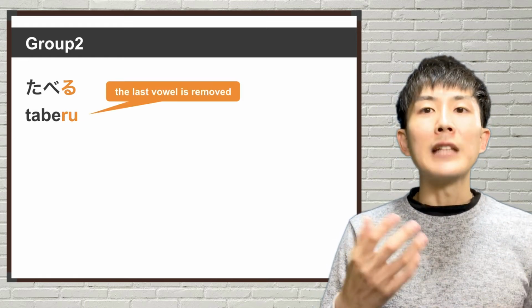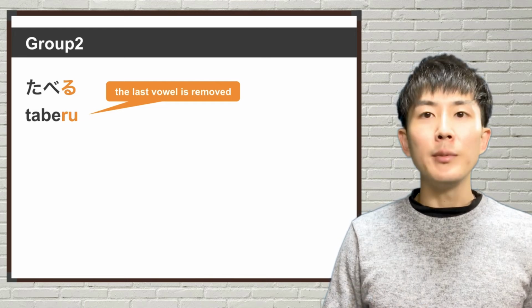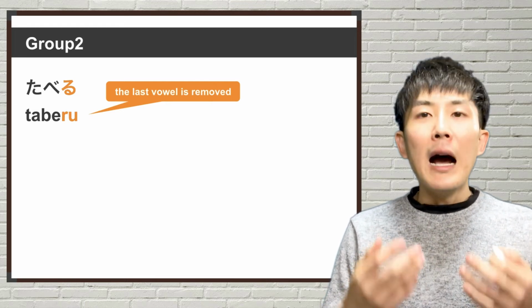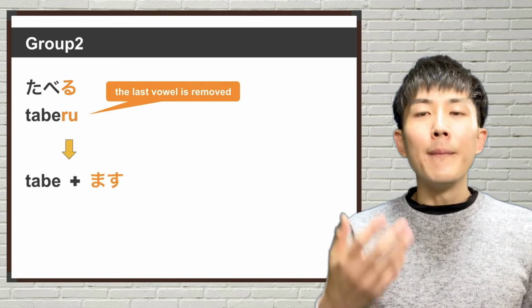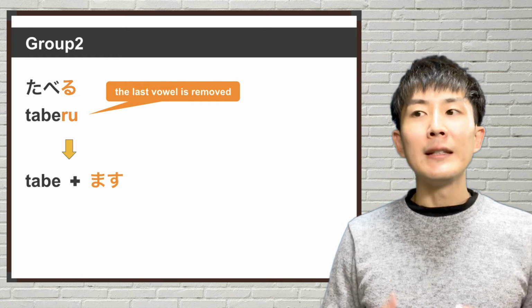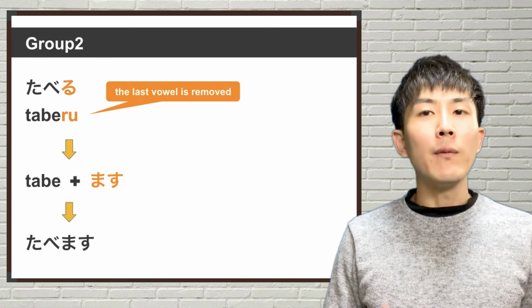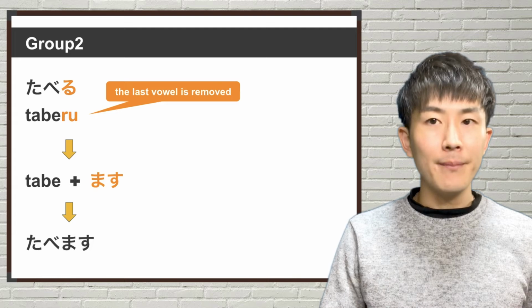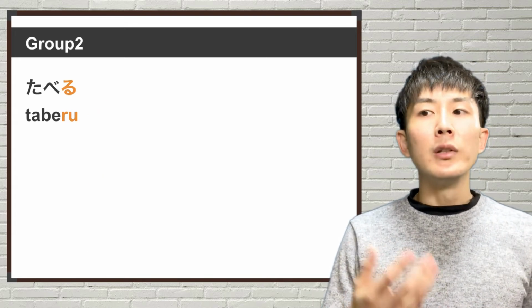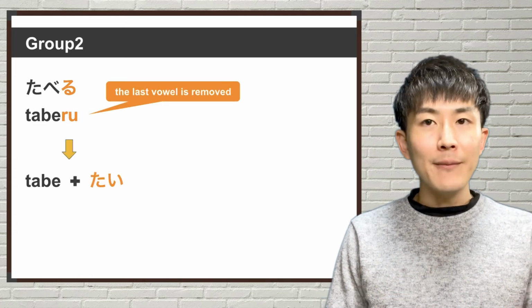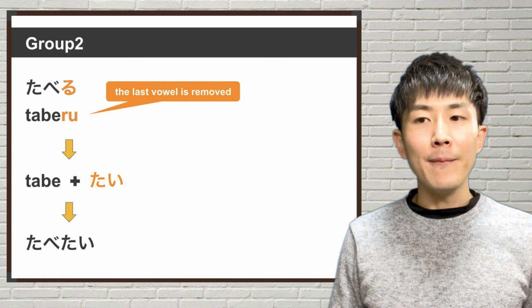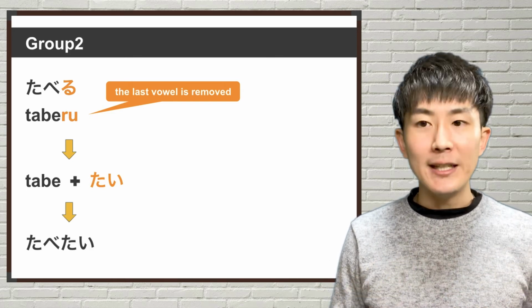In the case of taberu, you need to remove ru. After that, if you attach masu, it will be tabemasu, which is the formal form of taberu. Besides, when you remove ru and attach tai, it will be tabetai, which means I want to eat.